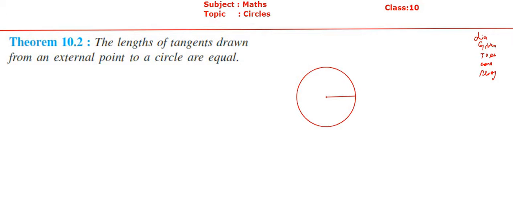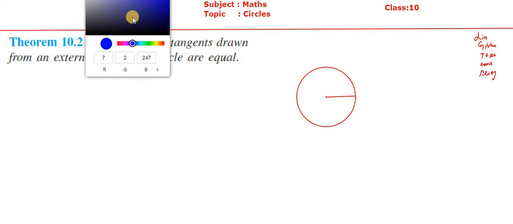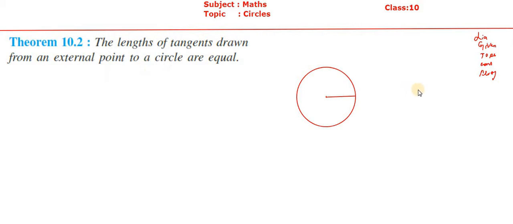Now the length of a tangent drawn from an external point. This is an external point here. Suppose we draw tangents from this external point.